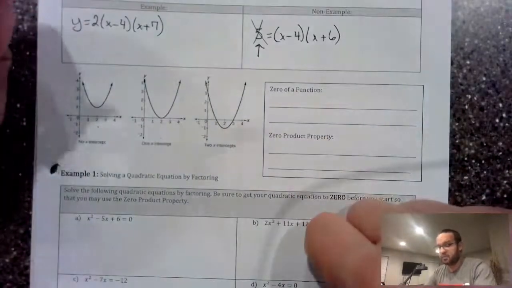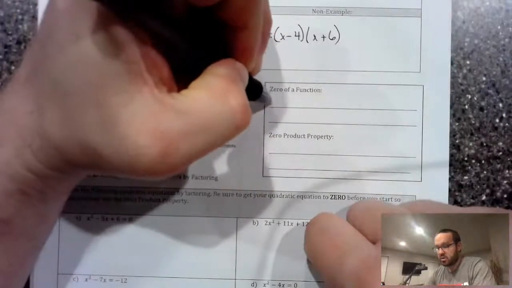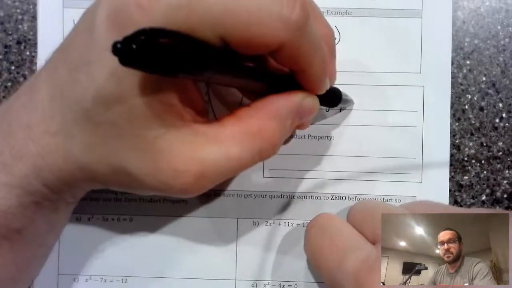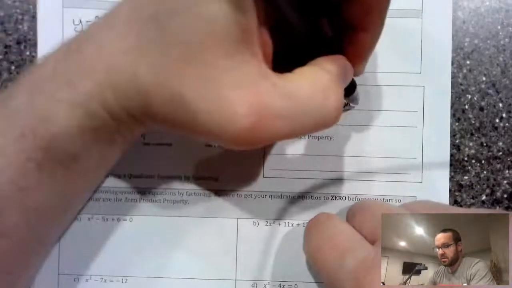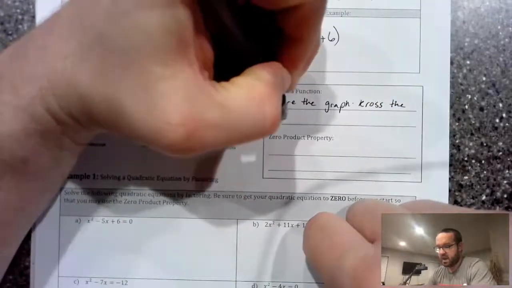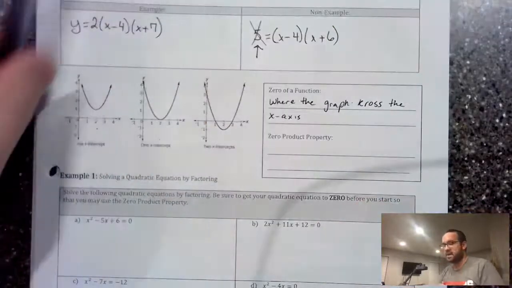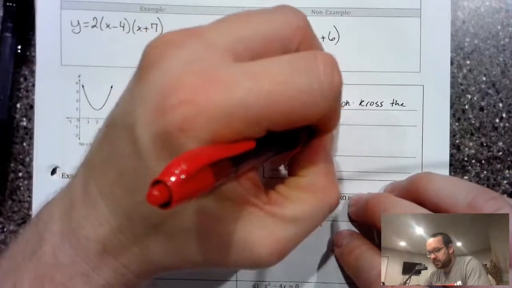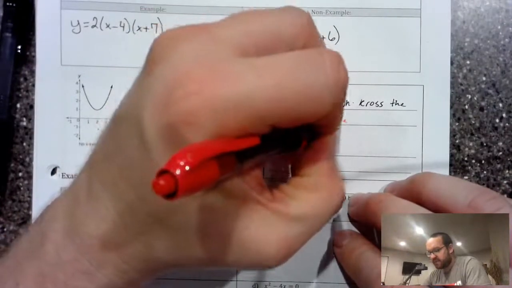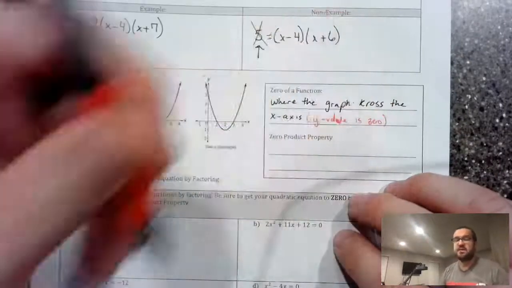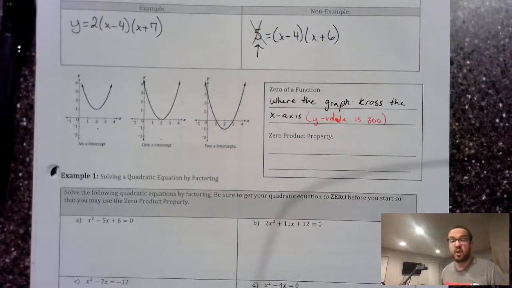A zero of a function is where the graph crosses the x-axis. Basically that means the y value is 0. That's what it means to be an x-intercept, a zero of the function. Remember, roots was just another synonym that we used.